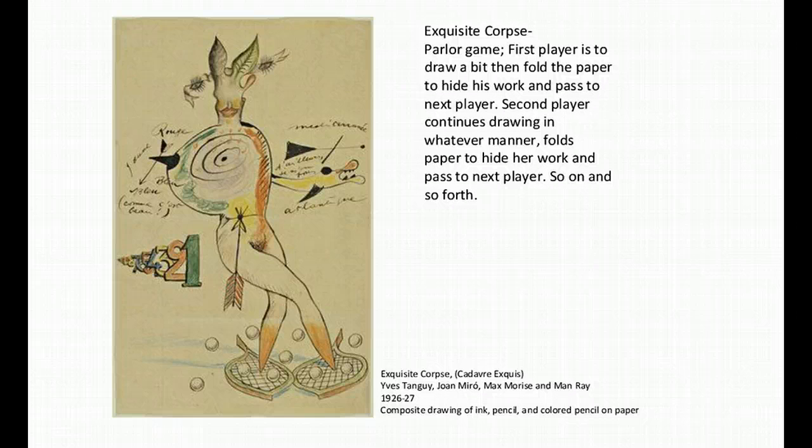Alright, now I told you I was going to talk to you about a game. This is a parlor game referred to as Exquisite Corpse. And the best way to explain it is to give you the rules. So, you start off with a blank sheet of paper. One person at the table draws one portion of this piece of paper.